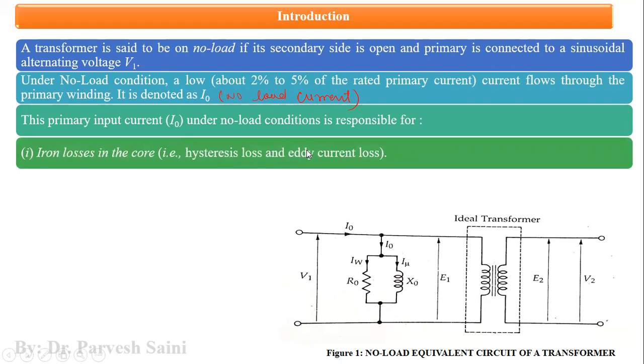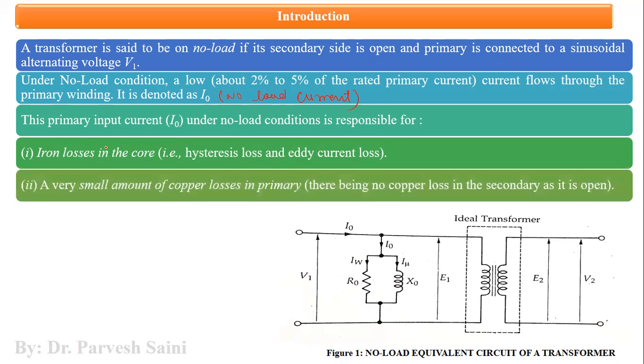So when this no load current is flowing through a transformer, it is responsible for certain changes in the transformer, and as I just mentioned, the first is the heat effect, or we can also call it the loss, meaning the copper loss associated with the primary winding, but it is also responsible for heat generation in the core, and that heat is generated because of the eddy currents and the hysteresis.